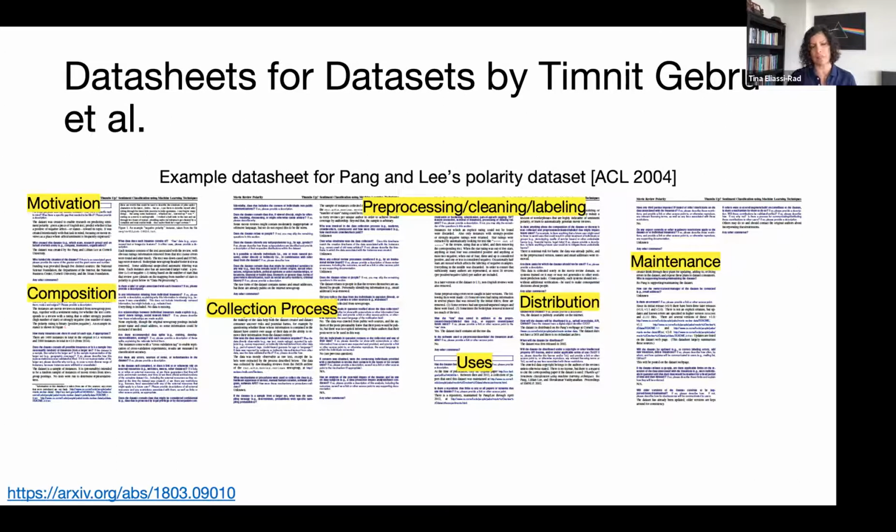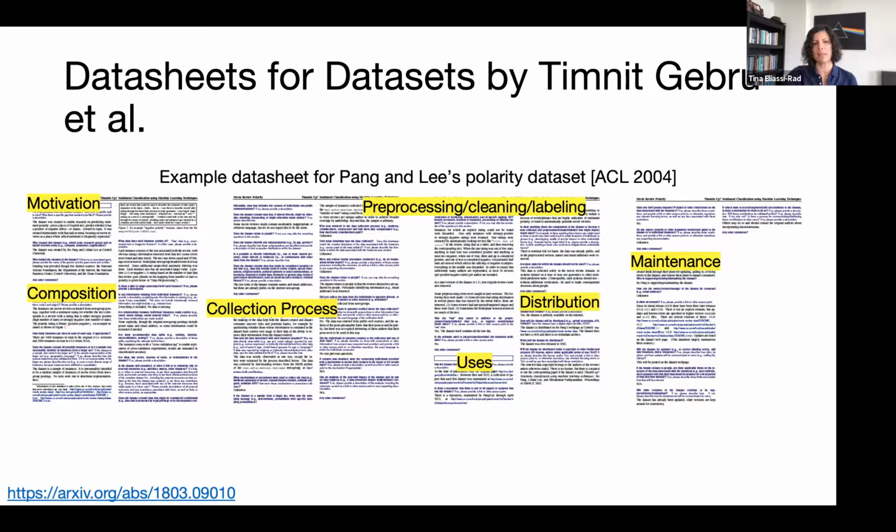You can think of this as a long birth certificate for data sets. What was the motivation for collecting it? How was it composed? The collection process? How did you pre-process it, clean it, label it, etc., etc.? And this is very nice. And of course, nobody does it because it's a lot of work.